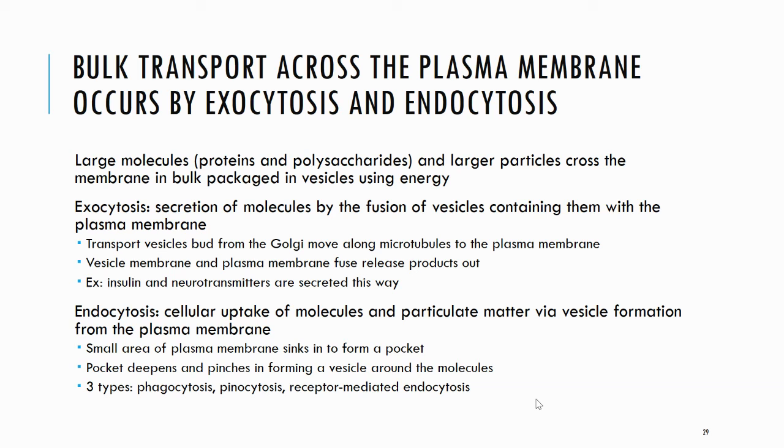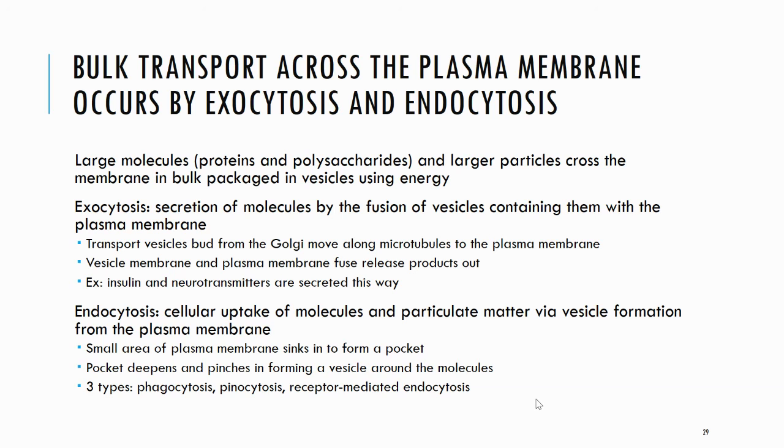So the transport vesicles bud from the Golgi, move along microtubules until they run into the plasma membrane. And so then the vesicle fuses to the plasma membrane, and the plasma membrane expands to contain the vesicle. And those things get released into the outside. So insulin and neurotransmitters are secreted that way.